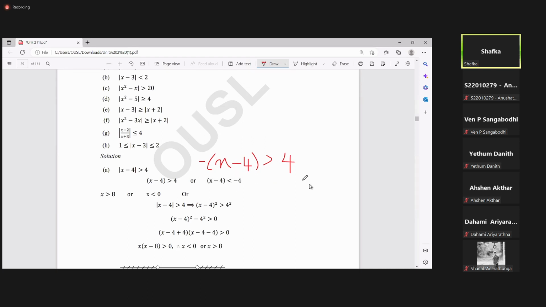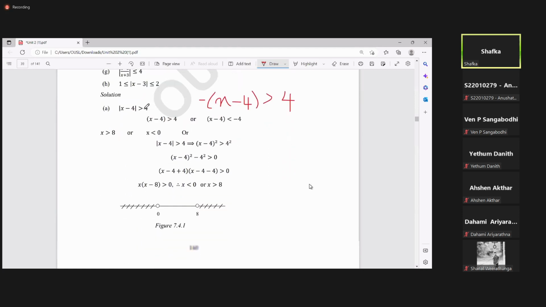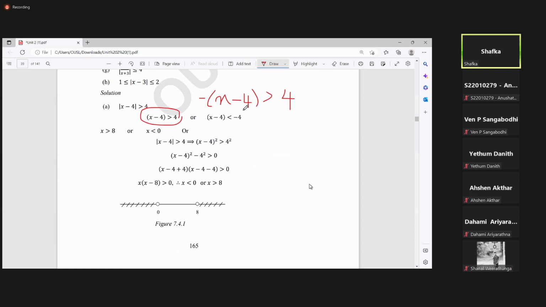You have to solve each inequality separately. By this you will get x is greater than 8, and by this one you will get x is less than 0. These are the solutions: x is greater than 8 and x is less than 0.